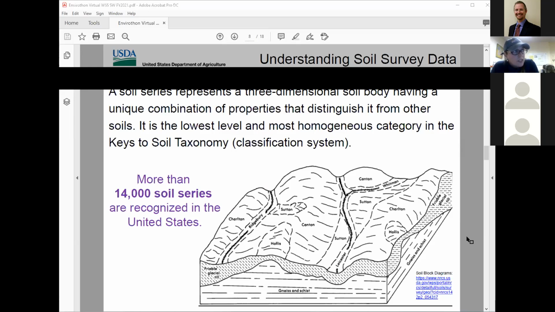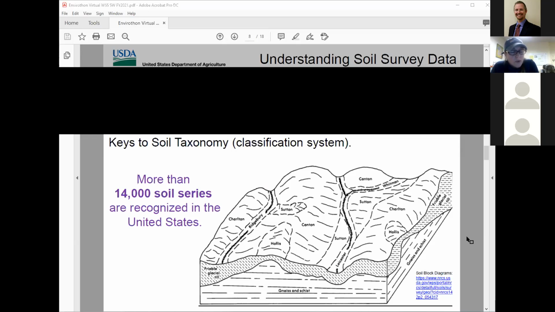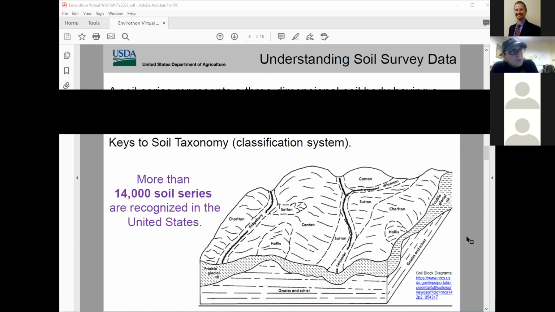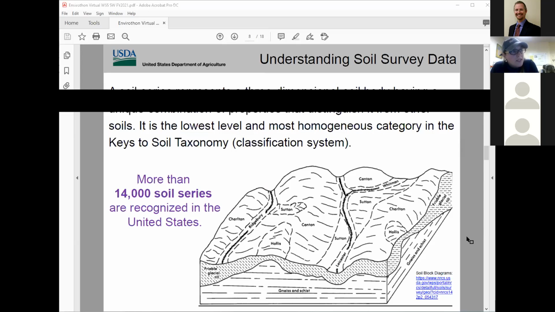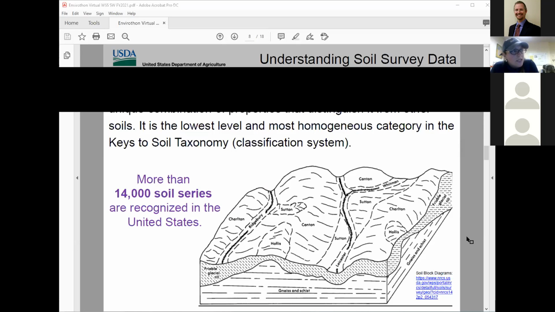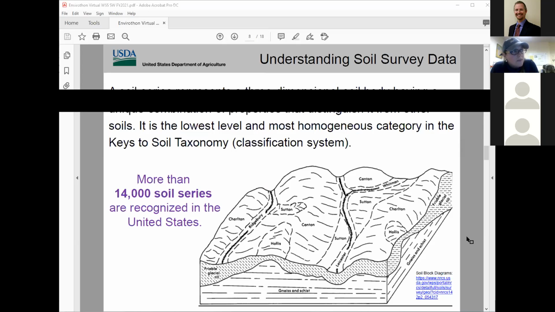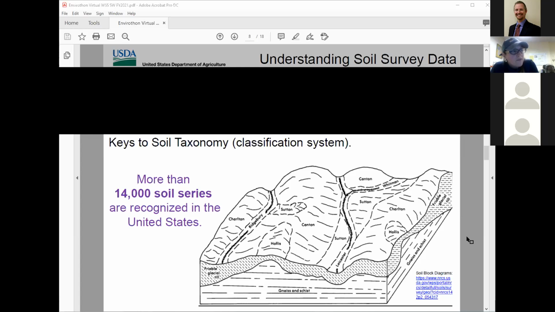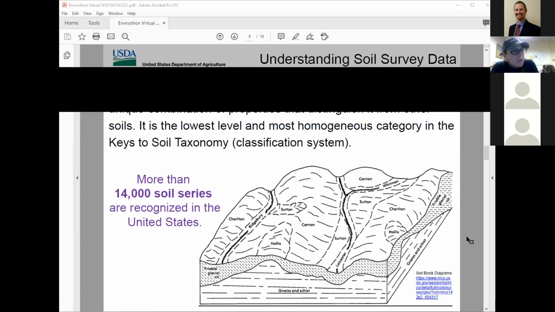Across the United States, we have more than 14,000 soil series that we've described. Kind of like topographic maps, we can put them into soil block diagrams that you see here. The names written there are soil series names like Canton, Sutton, and Charlton, and we can see where they fall on the landscape.